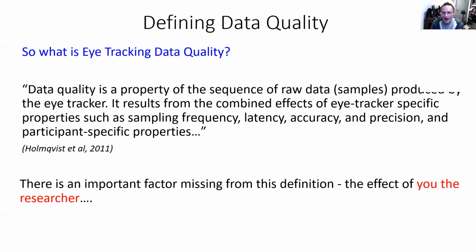Okay, you have the biggest impact on how good your data quality is, and I think that's missing from this definition, and it's a shame, because I think once you understand your role and the power you have to influence your data quality, it's empowering, and it puts you in charge, and that's a good thing because you're the researcher. So that's what data quality is.